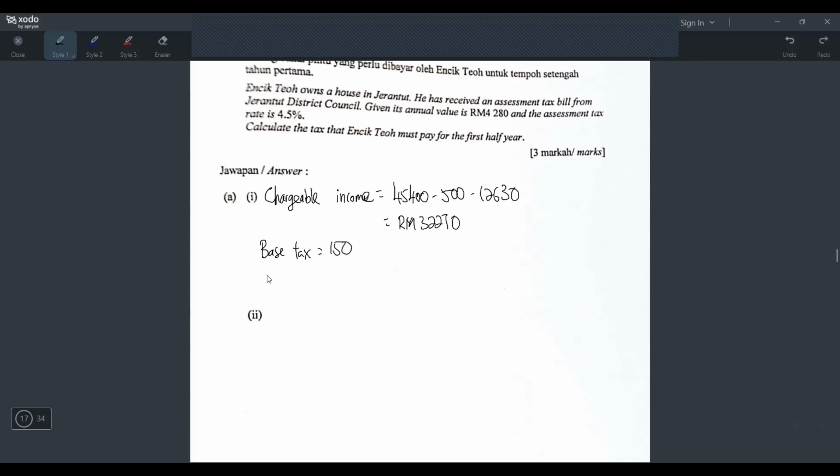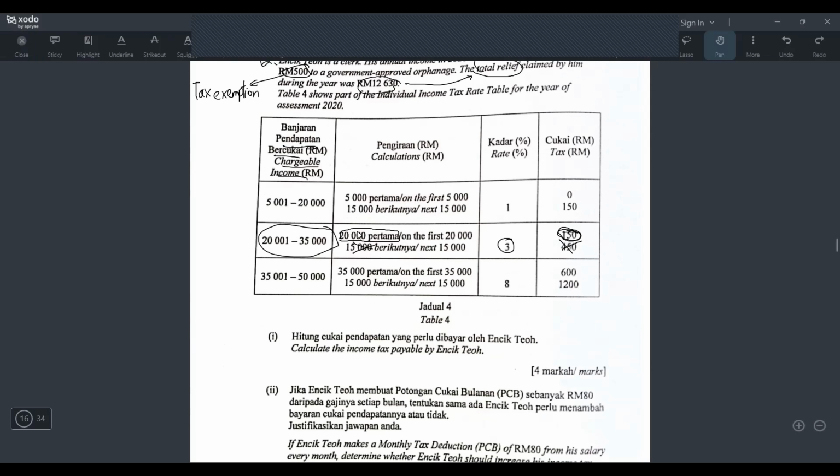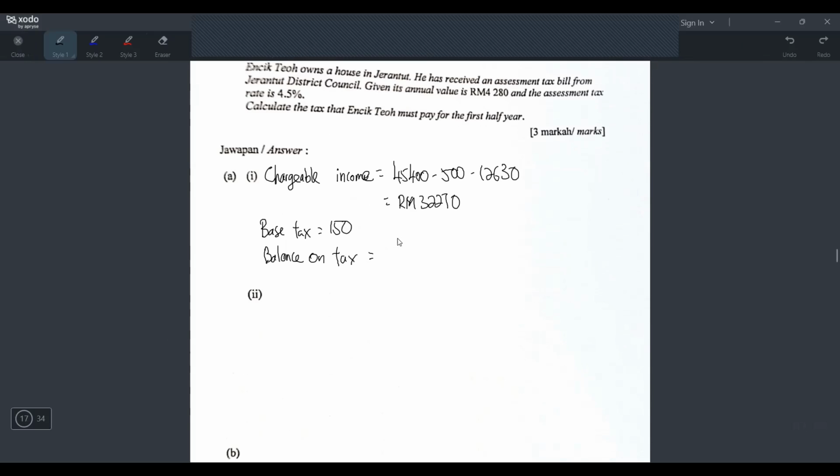But what is your cukai baki, your balance? So I will just write balance tax. If you want to write in Bahasa Melayu, go ahead, you can write cukai baki. How to get the balance? Can you see this 150 is only for the first 20,000? So I have to take my chargeable income, which is 32270, minus 20,000.